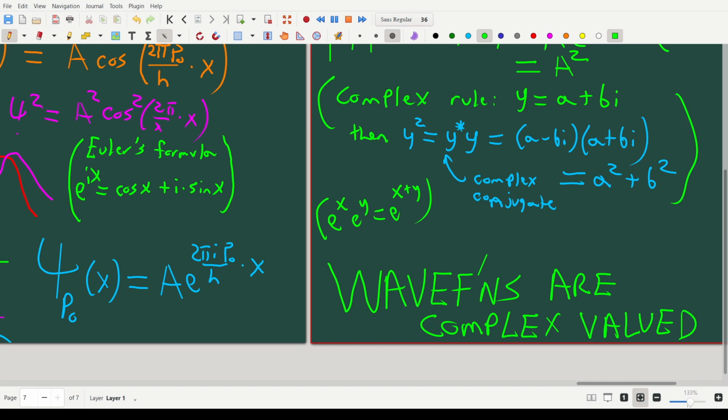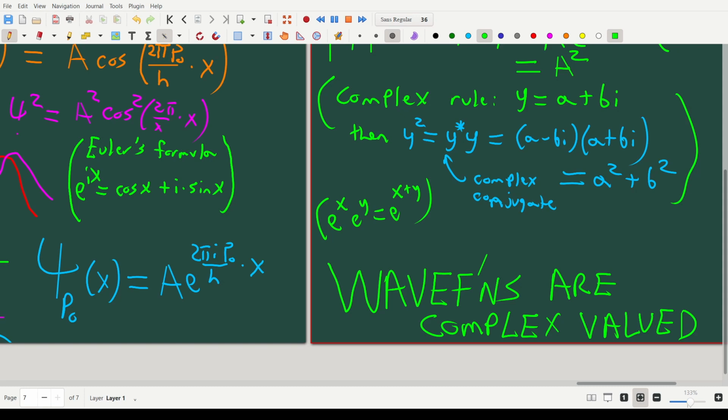Wave functions, and in fact electromagnetic waves too, are complex valued. Waves have a cosine part and a sine part. Any wave has an arbitrary cosine part and a sine part. And the way that we represent waves that oscillate in this sense, that have two components, is we use complex numbers. Because we're treating our system like waves, our systems are going to be complex valued. They're going to have complex numbers.